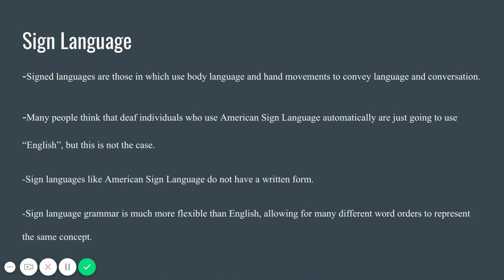That's where the misinterpretation comes into play, because a lot of people think that since the words are the same, they're using English, but they're actually two different languages. Sign languages like American Sign Language actually don't have written forms. And sign language grammar is much more flexible than English, allowing for many different word orders to represent the same concept.